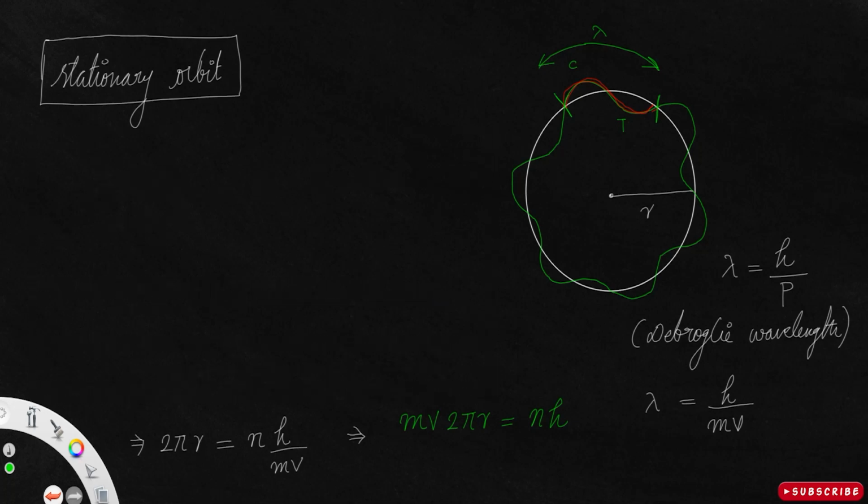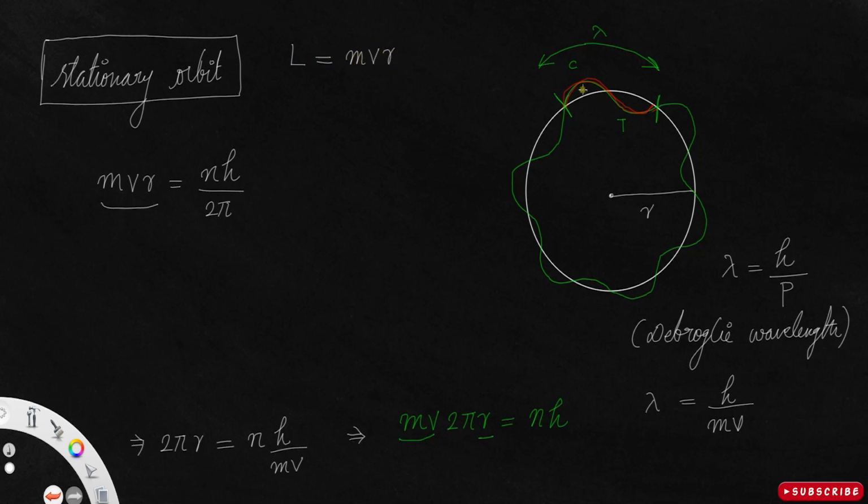let me keep this mv and r on the left itself, that is mvr is equal to, and take this 2 pi to the right, mvr equal to nh divided by 2 pi. See, this mv represents the linear momentum. Linear momentum into r actually means angular momentum.